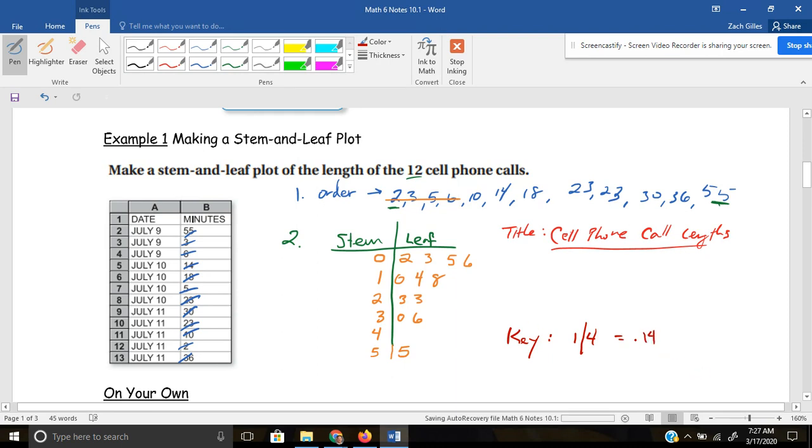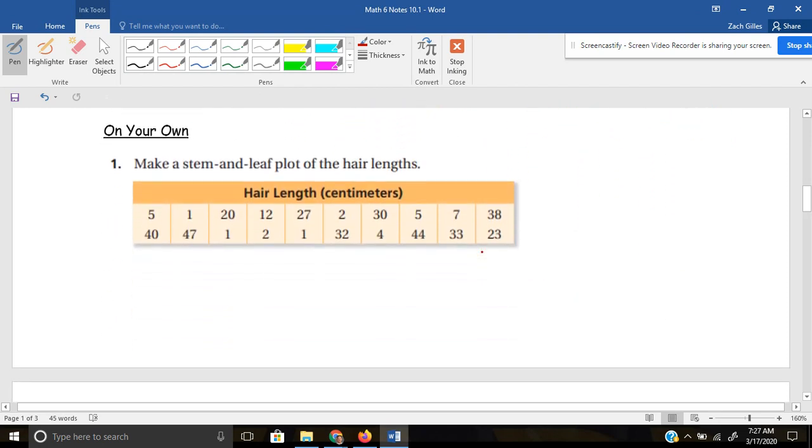In this case, we're talking about minutes. So those are the basic steps you take when you make a stem and leaf plot. Why don't you pause the video now and try this on your own to make a stem and leaf plot of these different hair lengths.